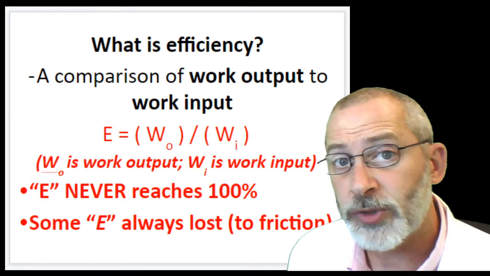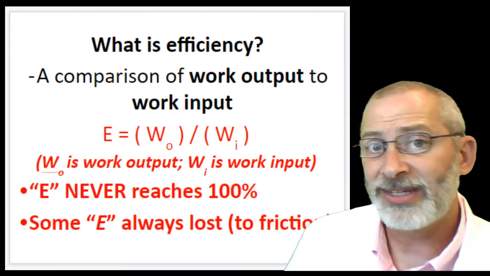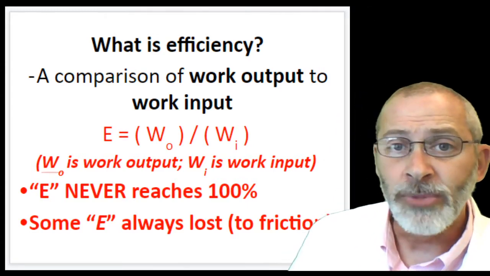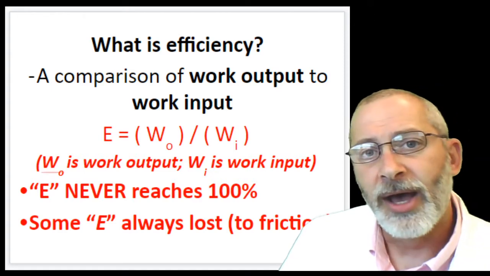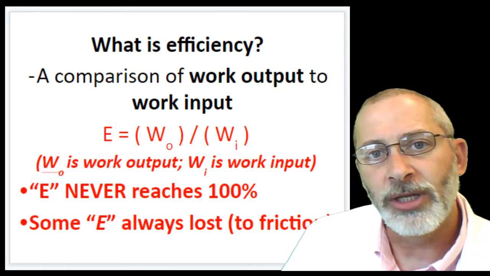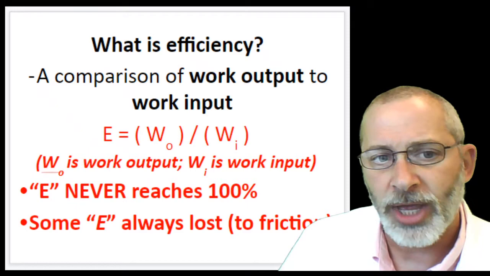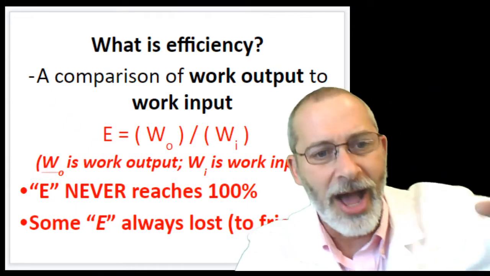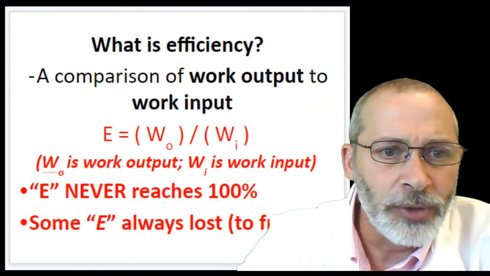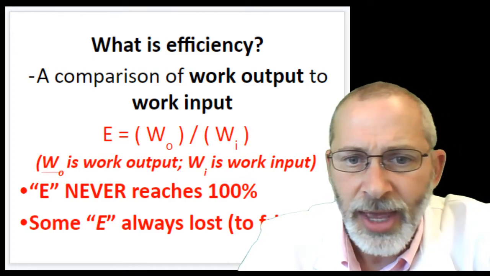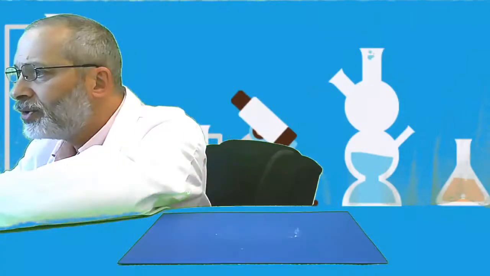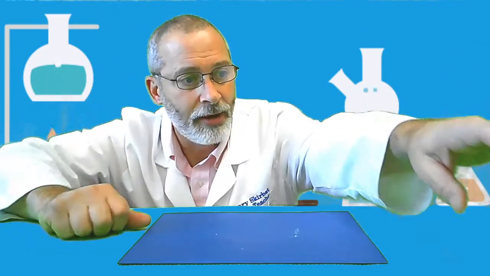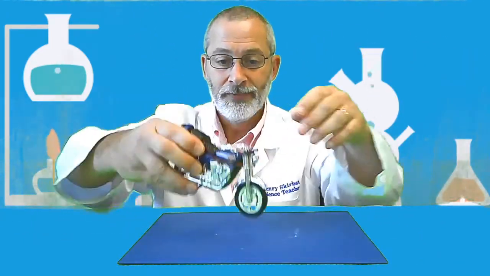Friction, that force moving in the opposite direction as a moving object, that force of friction is what causes all objects to eventually stop. Let me give you another example here as we do another close-up view, and I bring out another one of my little toys.